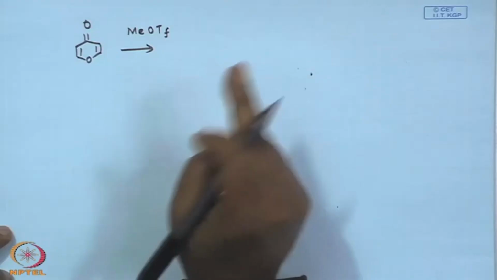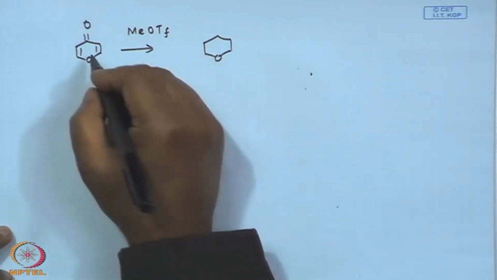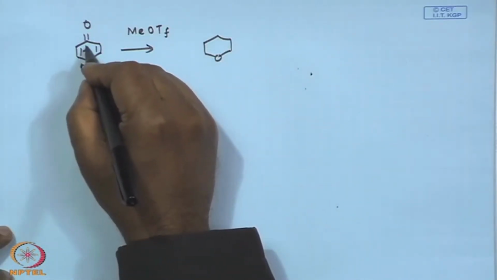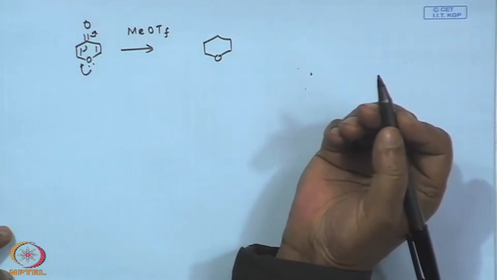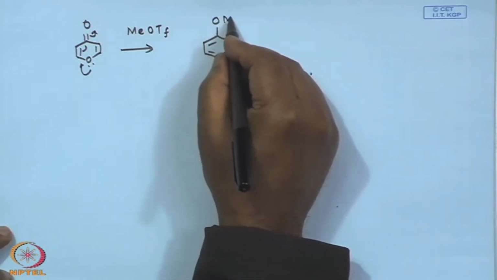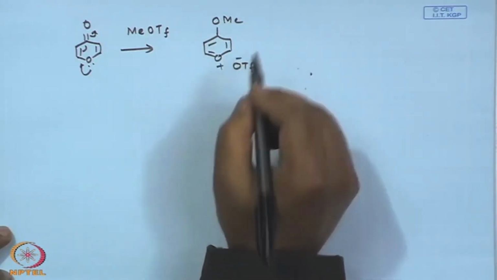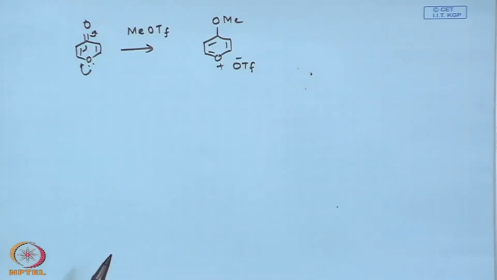Methyl triflate is basically equivalent to methyl sulphate or methyl iodide, that means a methyl cation. So, what you expect here is once again a pyrylium ion. What is the driving force? The driving force is the aromaticity. This sort of molecule is now well known, and what you get is the corresponding pyrylium ion.